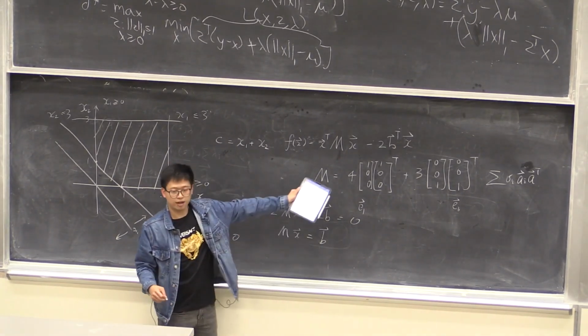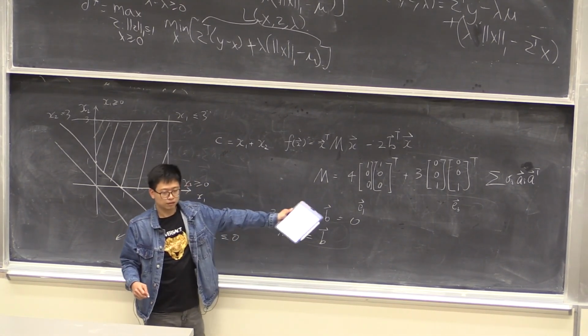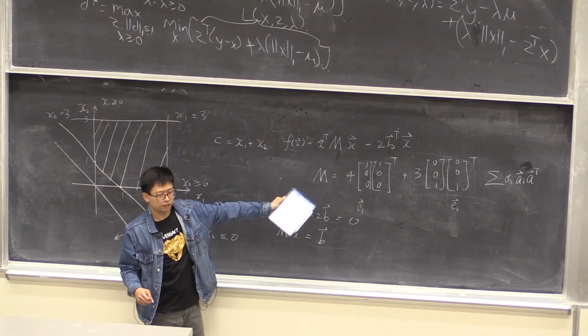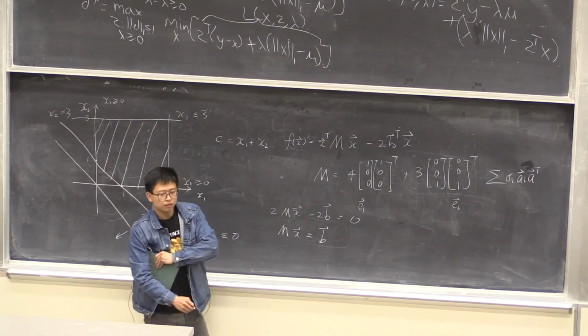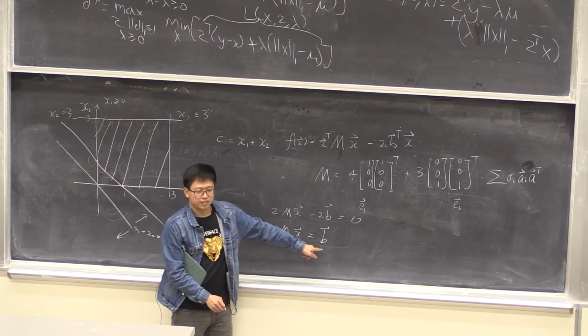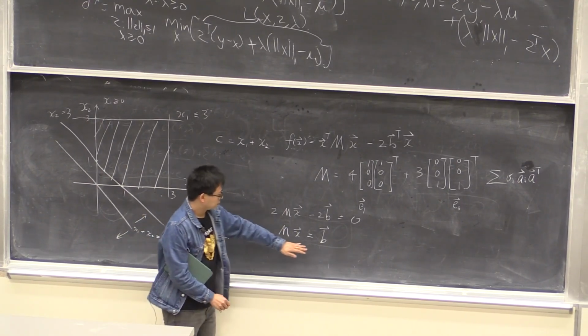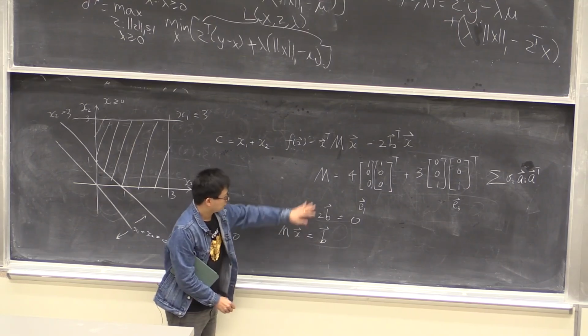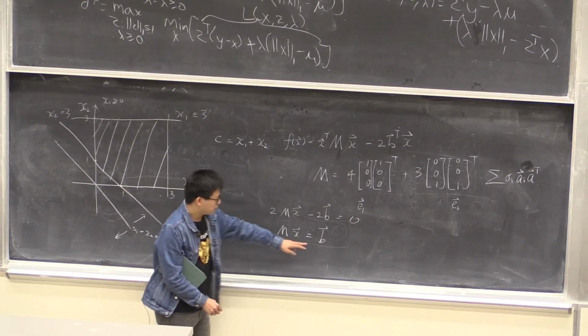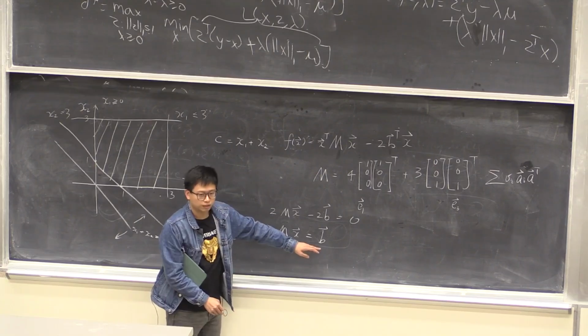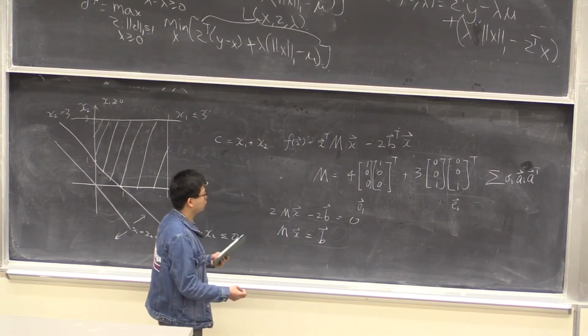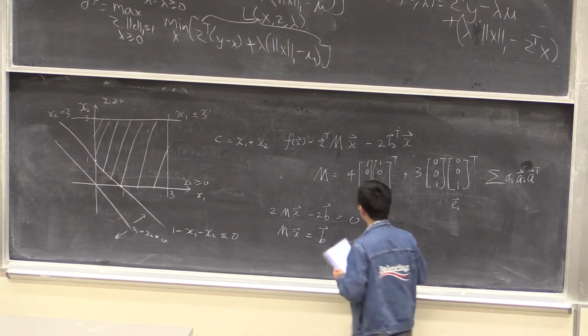Because here M is not full rank. So what if B is in the null space?